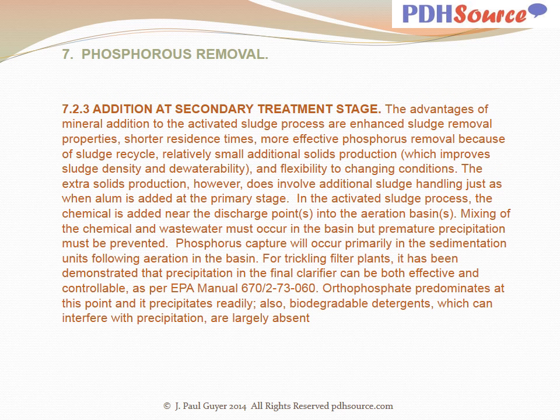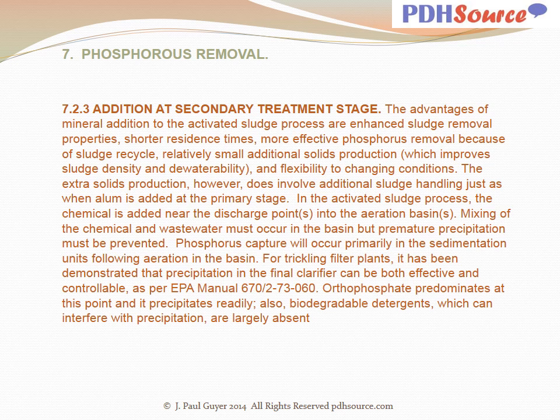The advantages of mineral addition to the activated sludge process are enhanced sludge removal properties, shorter residence times, more effective phosphorus removal because of sludge recycle, relatively small additional solids production, which improves solid density and dewaterability, and flexibility to change conditions.